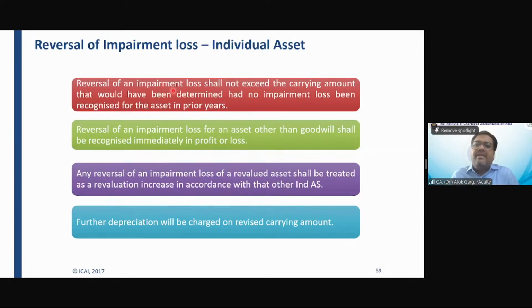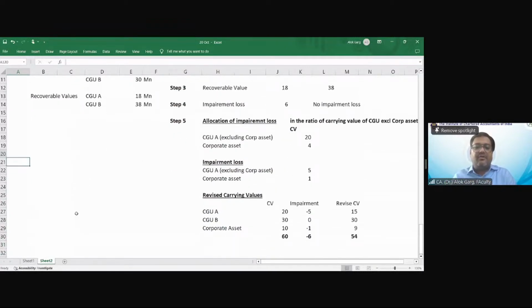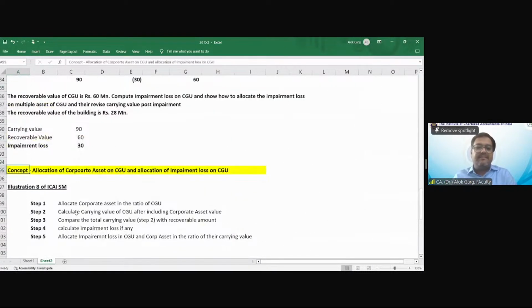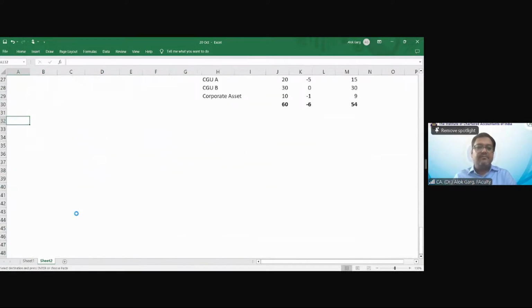So let me explain this concept with the help of an example, then we will discuss the theory. The concept we are discussing, friends, is reversal of impairment loss.